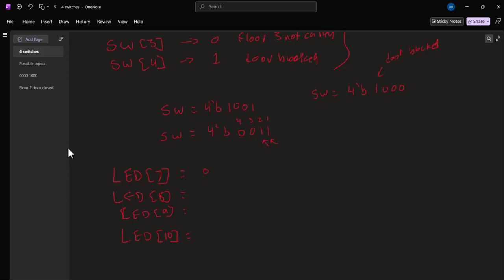LED 10 is telling me if the door is open or not. So if I had 0, 1, 0, 0, but that's position 10, 9, 8, 7, that means I'm on floor 3, and the door is closed.